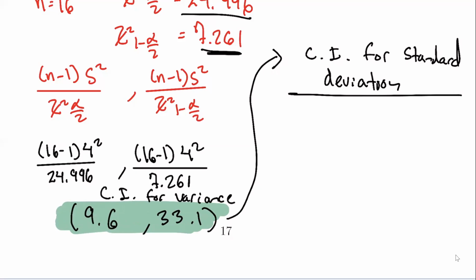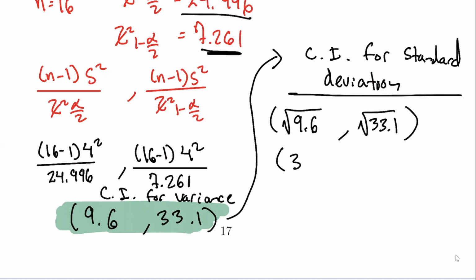If I want to do confidence interval for standard deviation, in this case, what you have to do, you have to get the 9.6 and you take the square root of 9.6 and also take the square root of 33.1. So if I take the square root of 9.6, you get roughly 3.1.